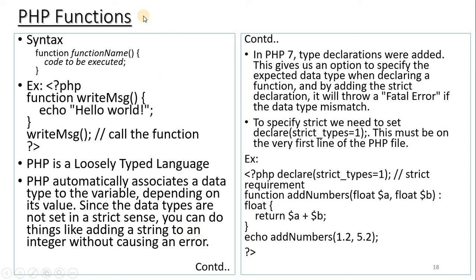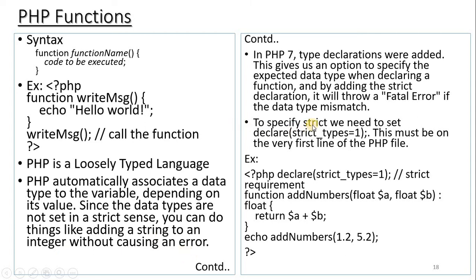So here we have a special keyword called strict, using which it will not throw any fatal error or data type mismatch. So here see, in the previous statement I said that you can add a string value with an integer without causing an error.